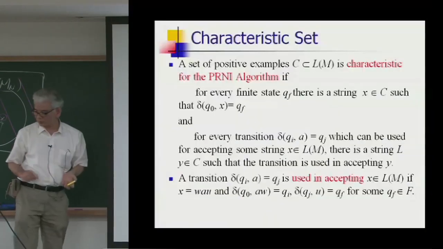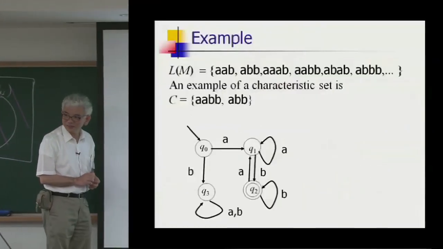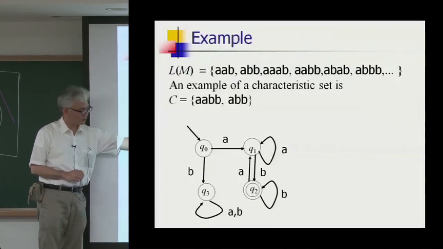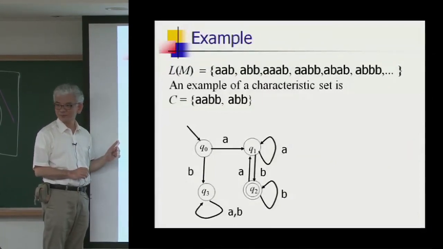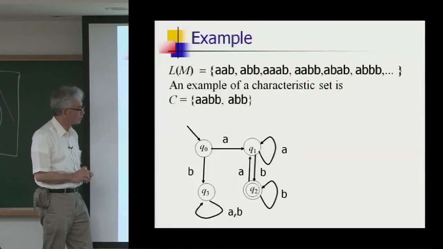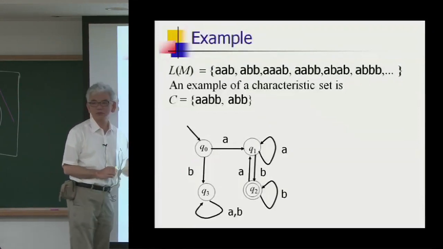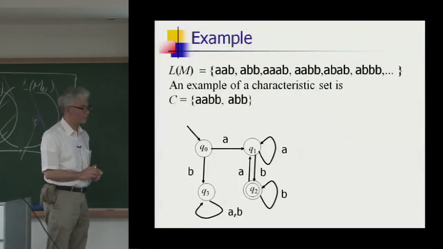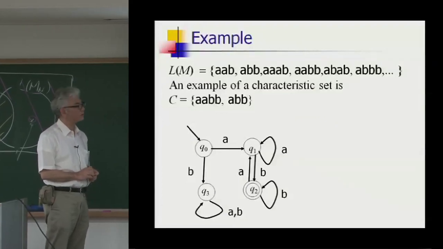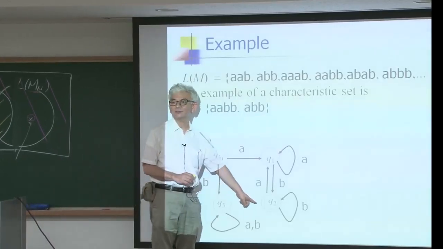And this is a very complicated definition, but the intuitive meaning is very easy. For example, this is a target automaton, a known automaton. And the characteristic set is this one, consists of only 2 strings. At first, we have only one final state here.